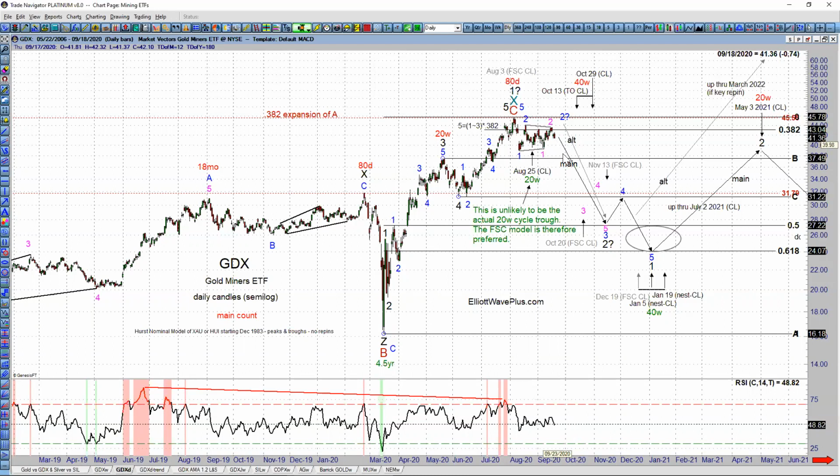I think the odds favor the downside next through October 20, a little rebound through November 13, on down through December 19, or possibly a little later. Whereas on the Hurst side, it's thinking that this thing stays up all the way to late October before moving down into late January.